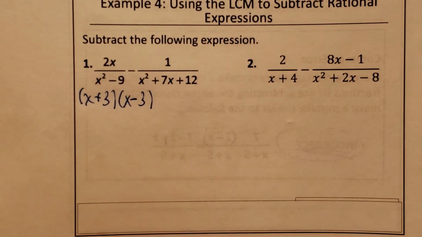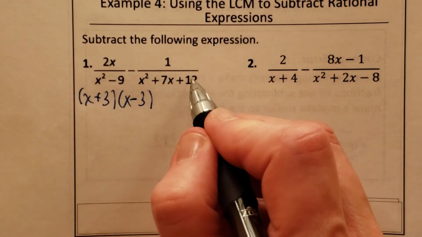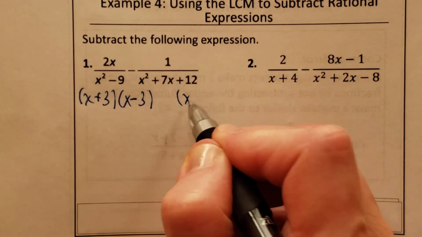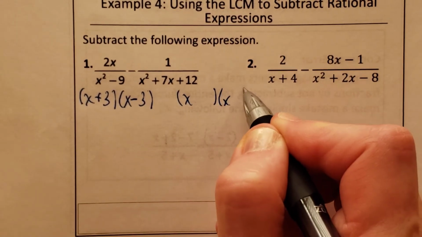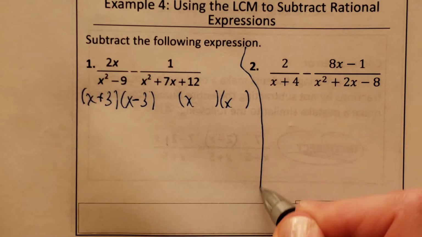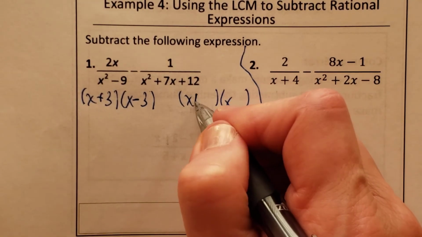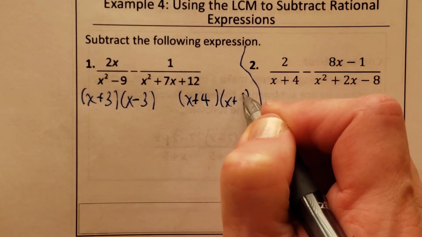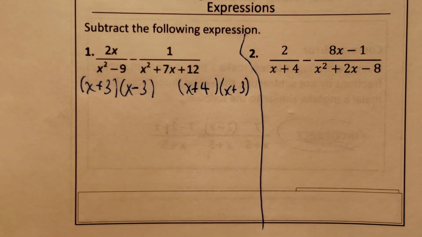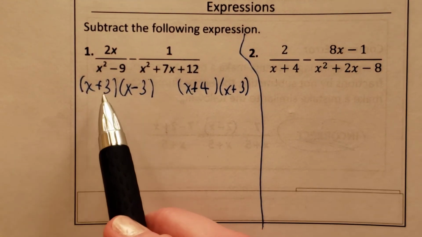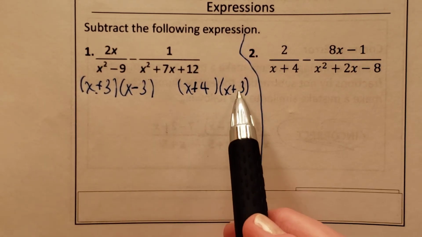Now the second denominator, I'm thinking of two numbers that multiply to give me 12 and add to give me 7. So what two numbers add to give you 7 but multiply to give you 12? That would be 4 and 3. Now this is interesting because we have just x plus 3 in common for both of them.